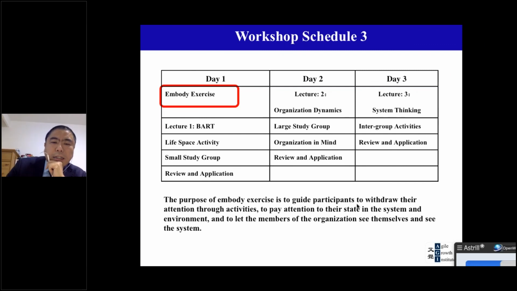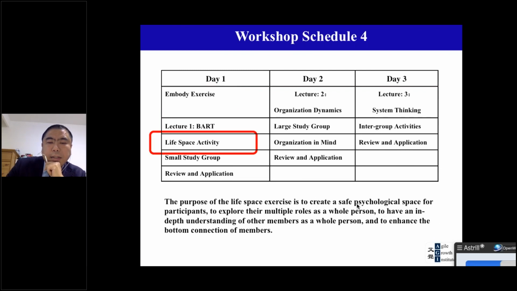Embody exercise. The purpose of the embody exercise is to guide participants to withdraw their attention through activities, to pay attention to their state in the system and environment, and to let the members of the organization see themselves and see the system. Life space activity.